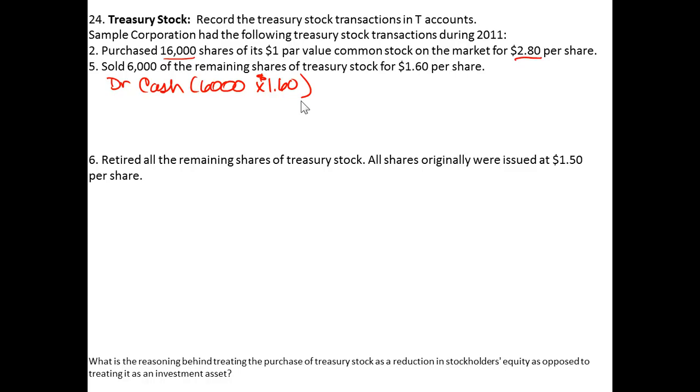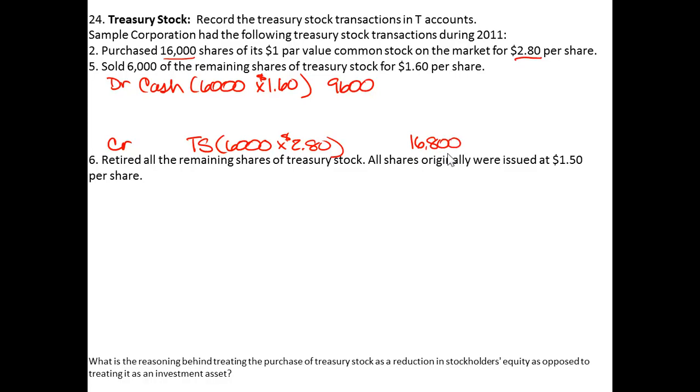And so that would be $9,600. We're going to credit Treasury stock for 6,000 shares but remember its basis was $2.80, what we purchased it for, and 6,000 shares times 2.80 is $16,800.